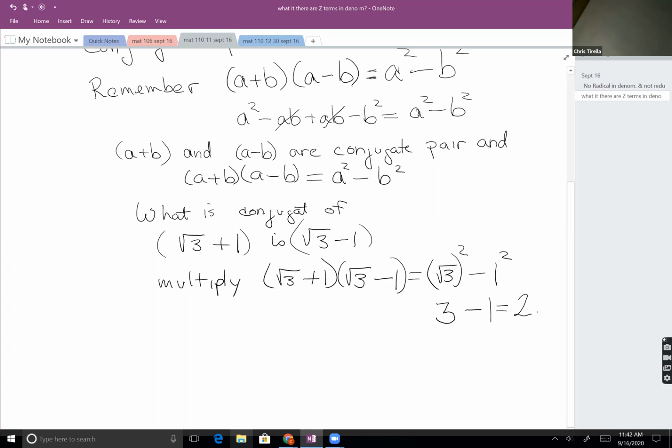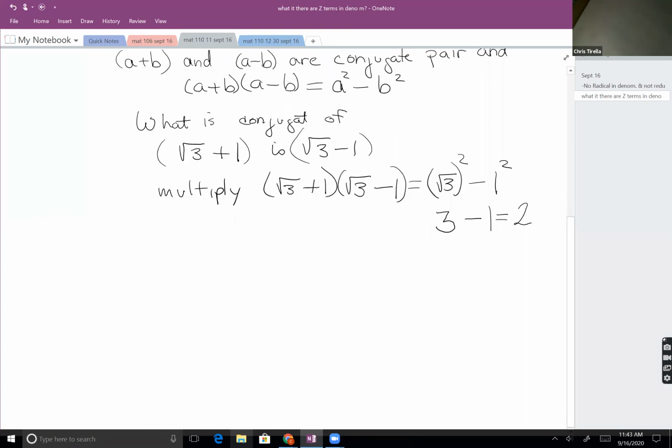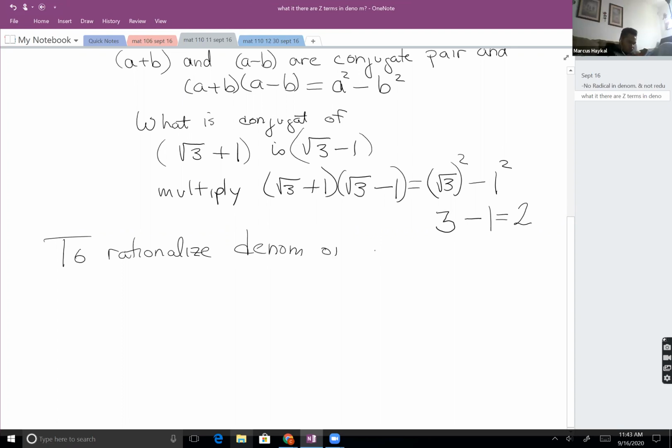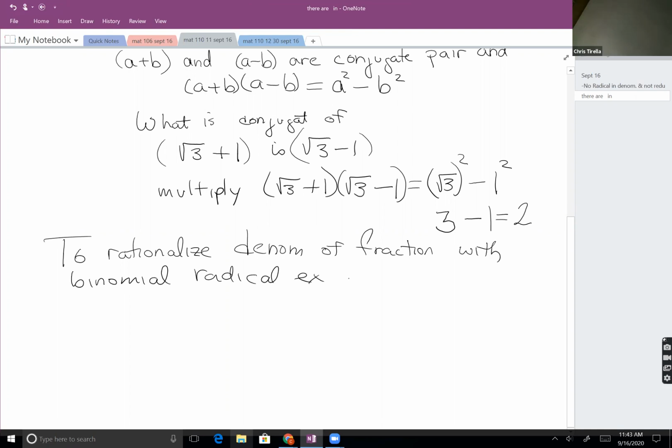So to rationalize the denominator of a fraction with a binomial radical expression, that's a mouthful.